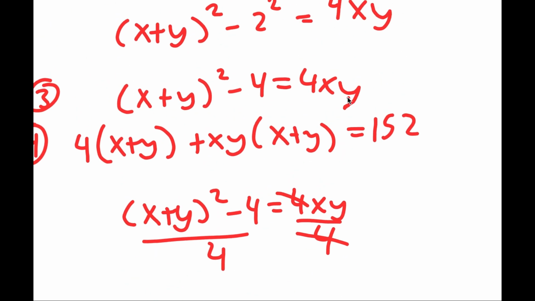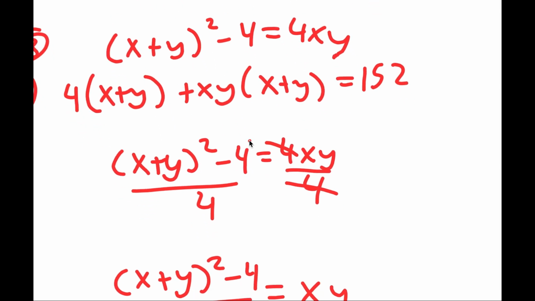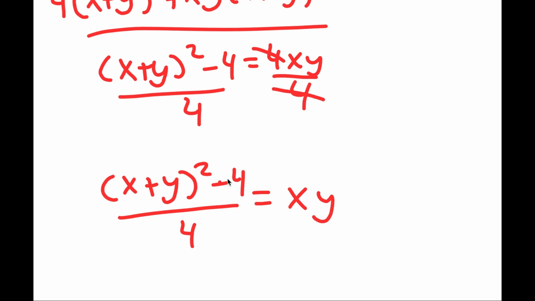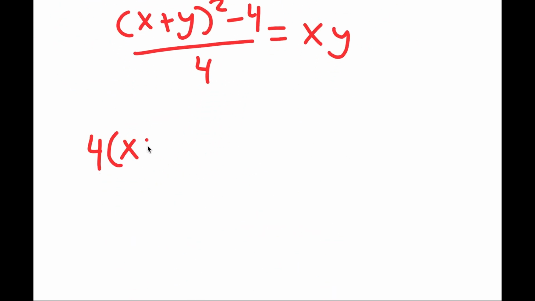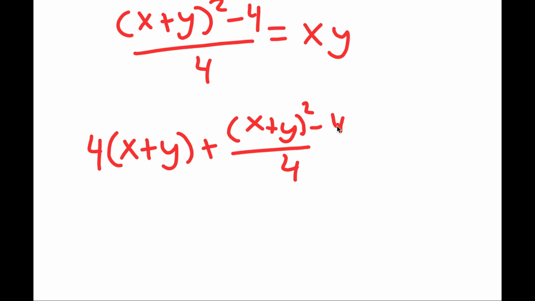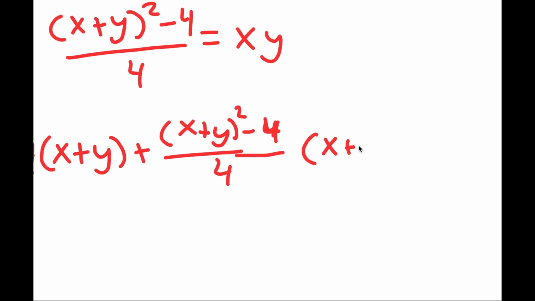And now going back to my second equation over here, we have our value of x times y over here, so I can just plug this in. So now I get 4 times x plus y plus x plus y squared minus 4 over 4 times x plus y is equal to 152.